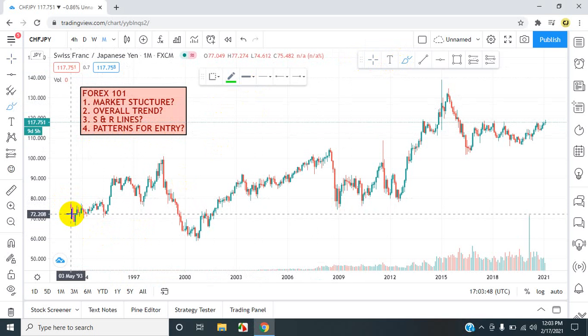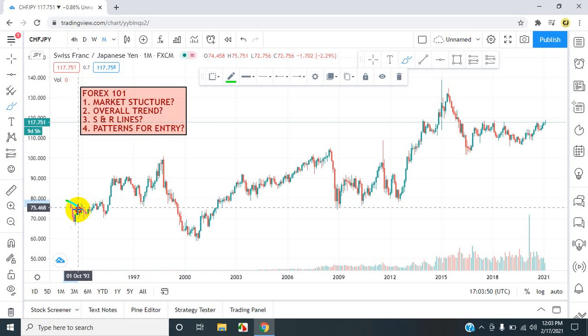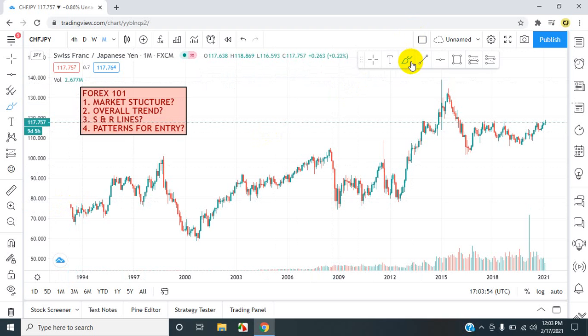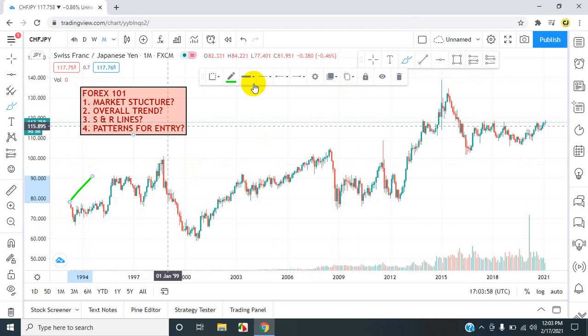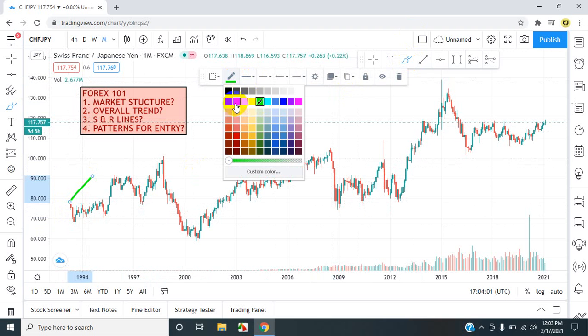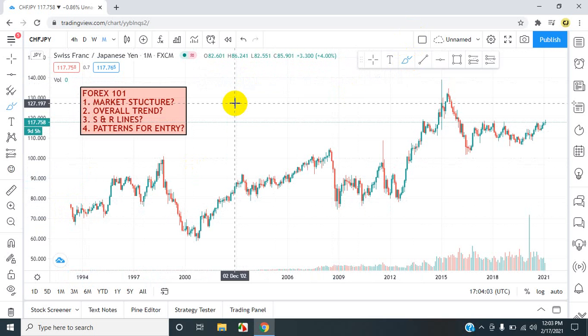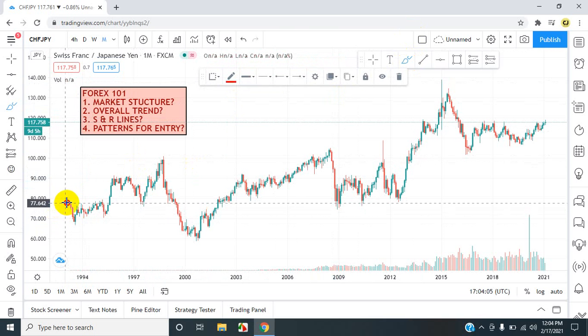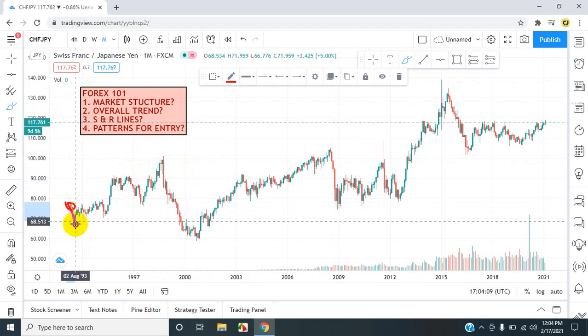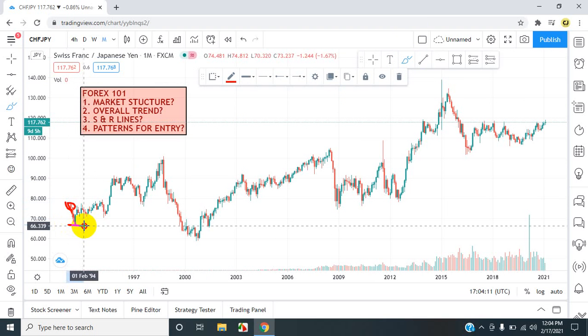Back in May of '93, the market started off here. It went straight into a push down and created an area of support.